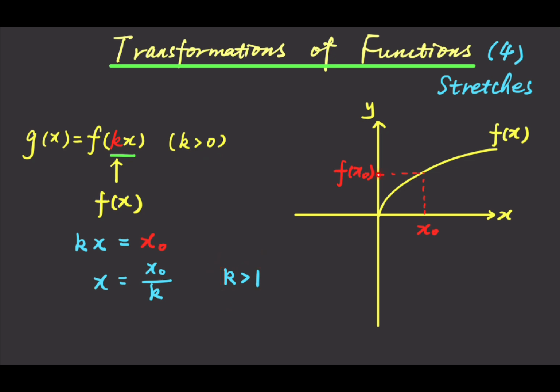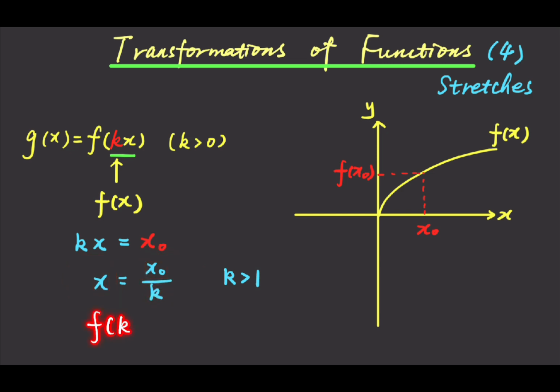For the same y coordinate, here f(x0), we need to guarantee this equation existing. So x equals this one, and we can figure out this kx equals x0.